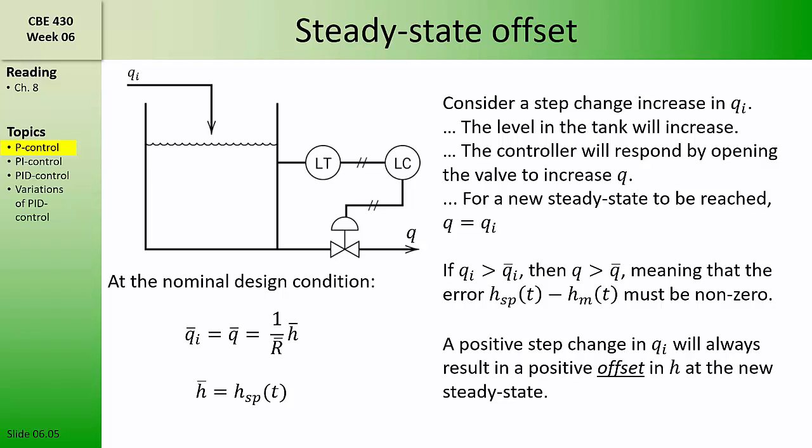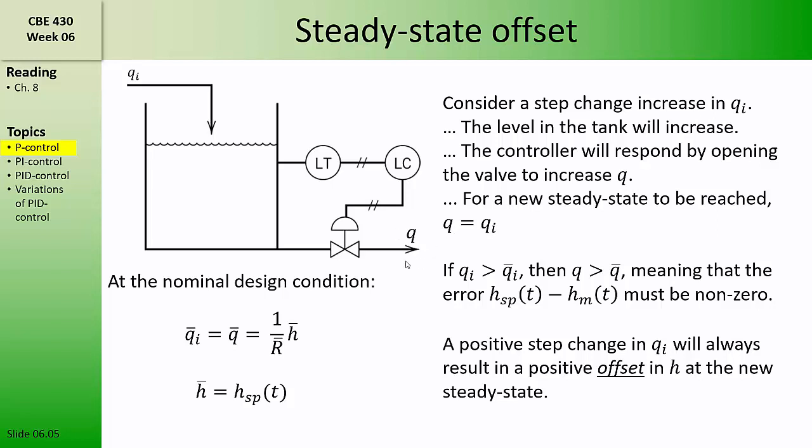We showed this by considering what happens to the gravity-driven flow out of a tank with a proportional-only level controller. And we showed that when there's a sustained deviation in Qi, there must also be a sustained deviation in Q for the system to reach a new steady state, so that at the new steady state, the Q equals the new Qi.